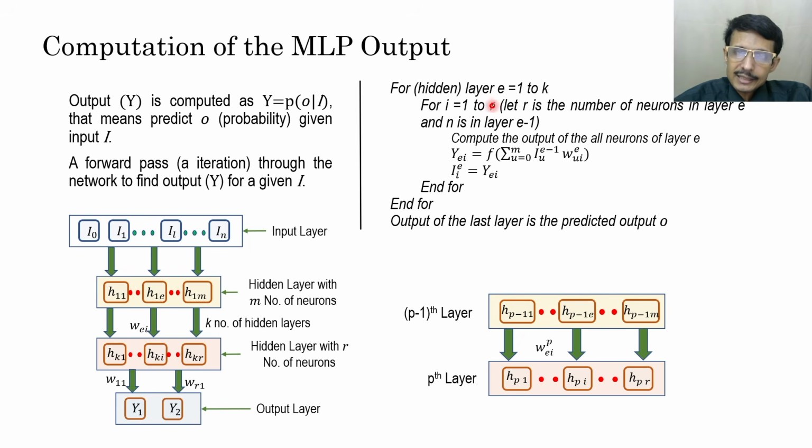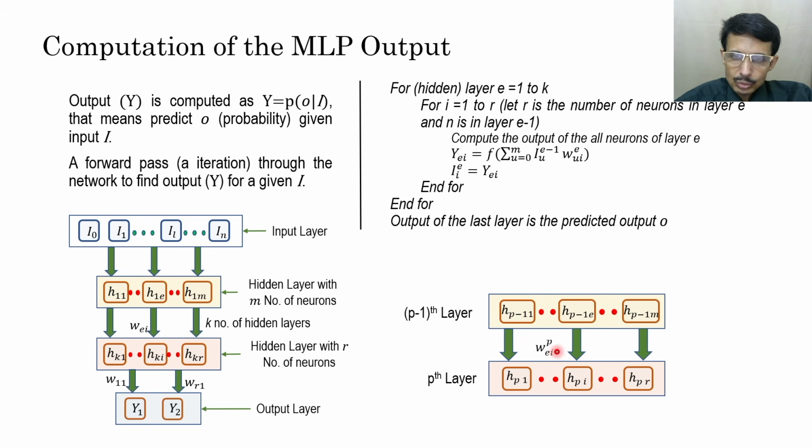Now this is more or less the pseudocode of the forward pass algorithm. For each hidden layer l equal to 1 to k, let r be the number of neurons in layer l and n the number of neurons in layer l minus 1. Compute the output of all neurons of layer l, where y equals f of the weighted sum of the inputs from layer l minus 1. Then the input of the next layer is set to y, and we get the last prediction of the output.